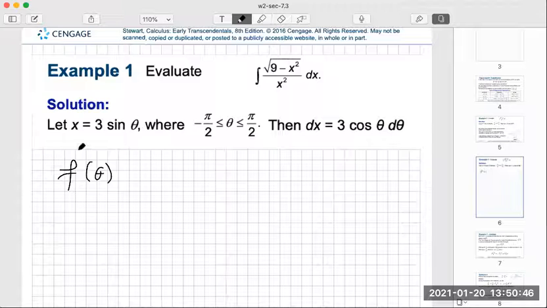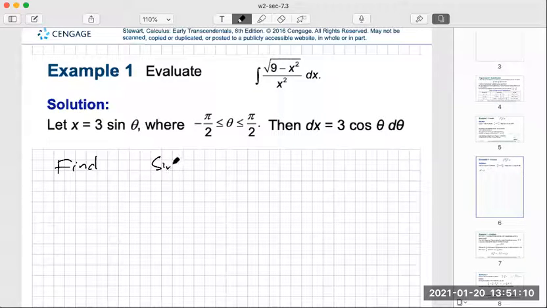Suppose we found the solution here, right? What we need to do is to write it in terms of the x variable, right? It means at some point we will need to find the relation between x and theta.